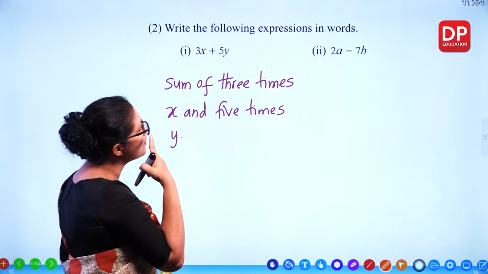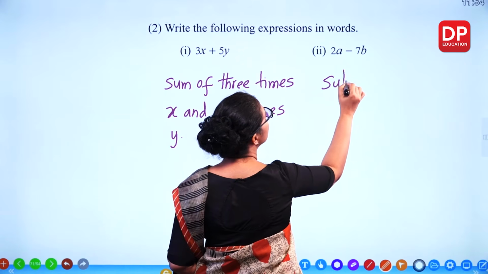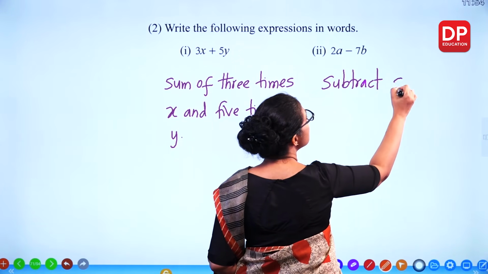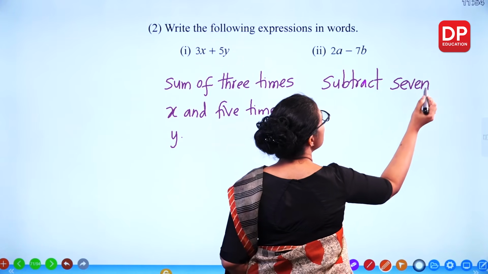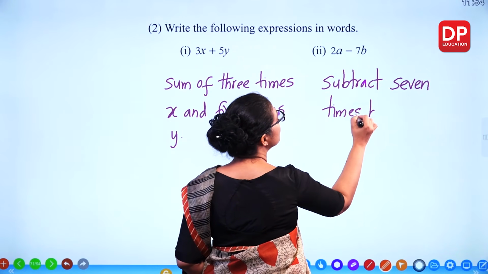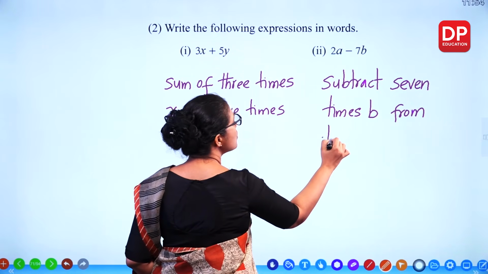So how can we write the difference? Subtract 7 times B from 2 times A.